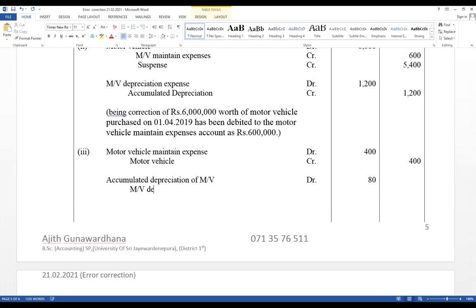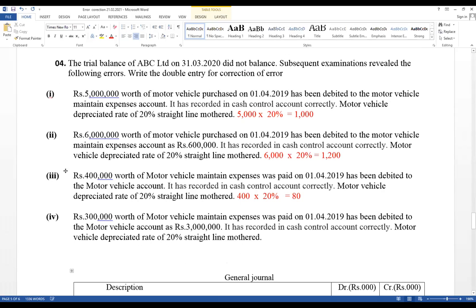Motor vehicle depreciation expense credit, value equal 80. Think about the depreciation effect also. The expense was recorded as an asset. The values are equal, therefore it does not affect the suspense account.